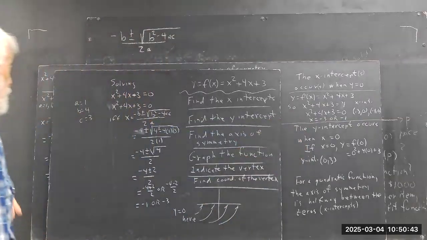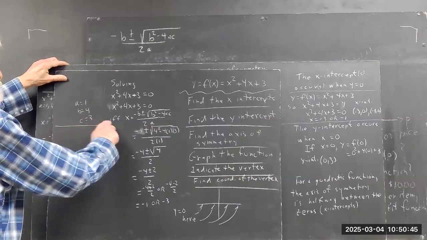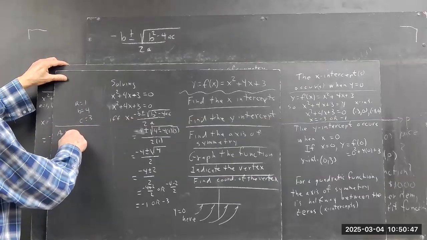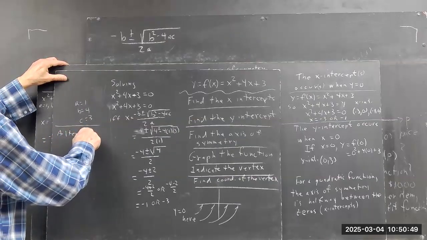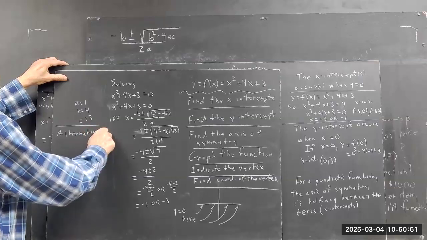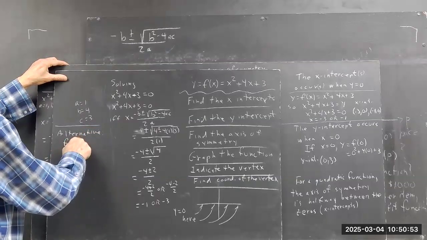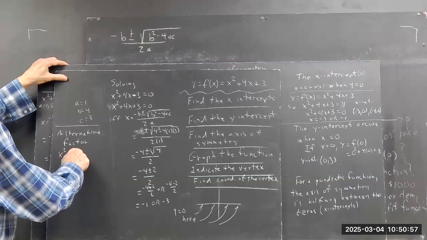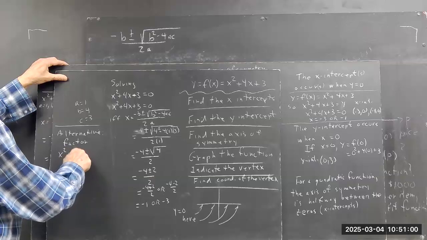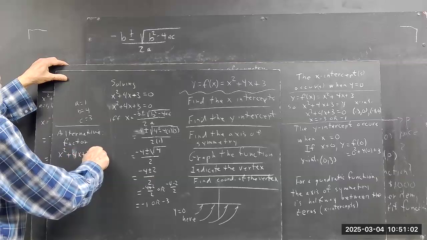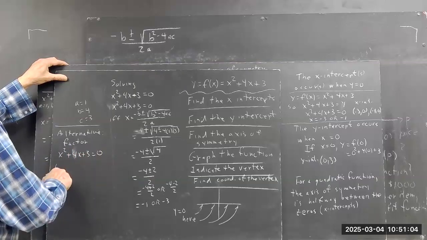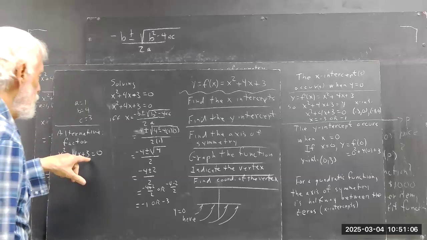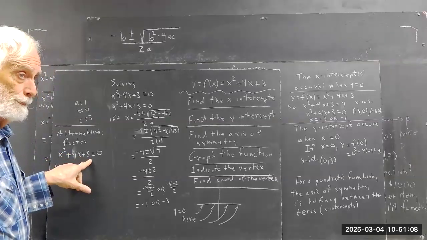Now this can actually be factored. So x squared plus 4x plus 3 equals 0 means, well, you need two factors of 3.